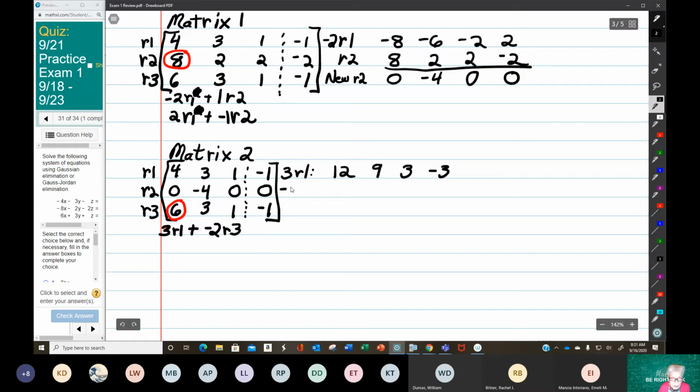And then -2 times row 3 is -2 times each of the numbers in row 3. -2 times 6 is -12. -2 times 3 is -6. -2 times 1 is -2. And -2 times -1 is +2.